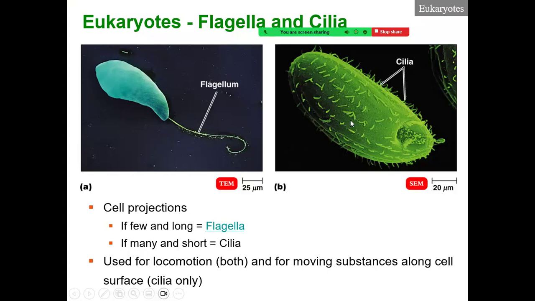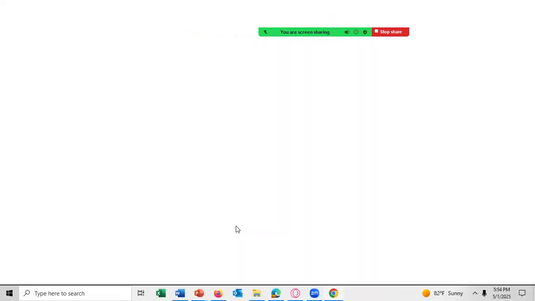The cilia are many and usually hair-like structures. They all beat in unison, so the cell will move that way. Pseudopods, I'm not going to show you how it moves. Let's take a look at the flagella here.